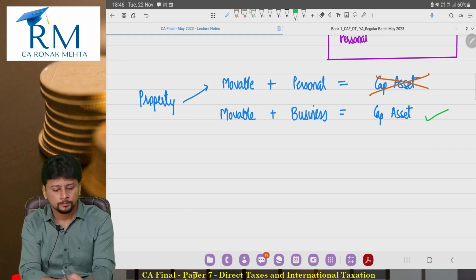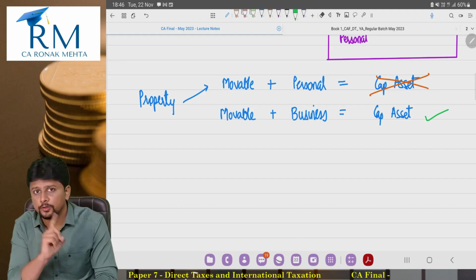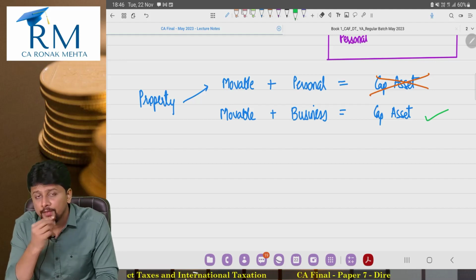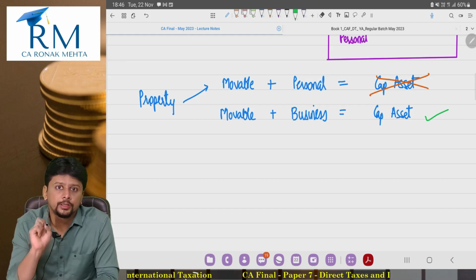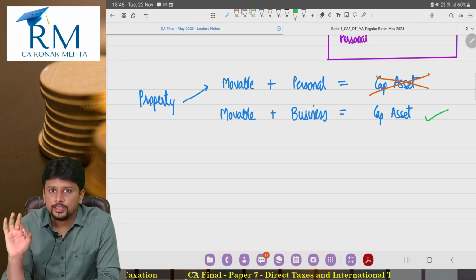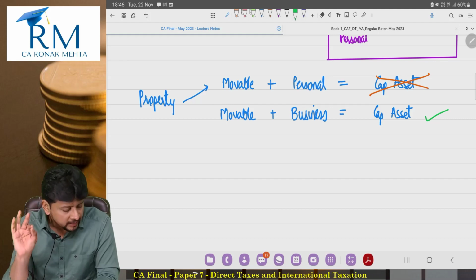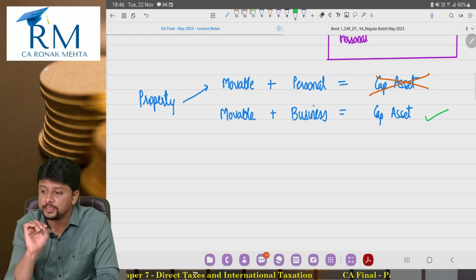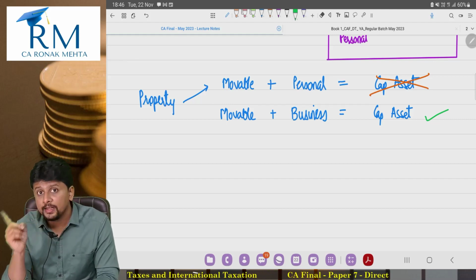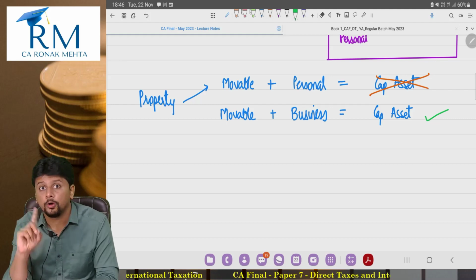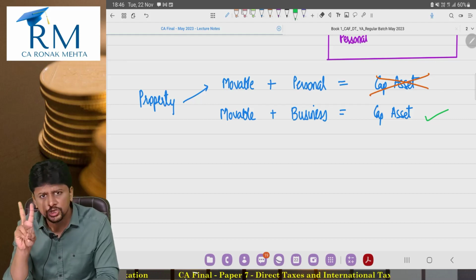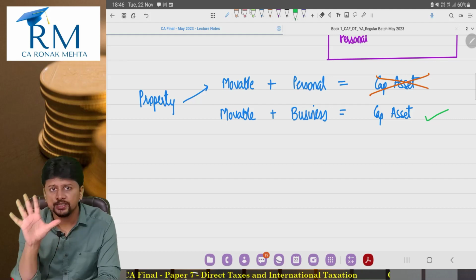Remember, in the chapter of PGBP, we've studied depreciation, section 32. Depreciation is an expense for you and it is calculated using the block of asset concept. Try and recollect the blocks. What are the blocks? Building, machinery, plant, furniture, intangible asset.